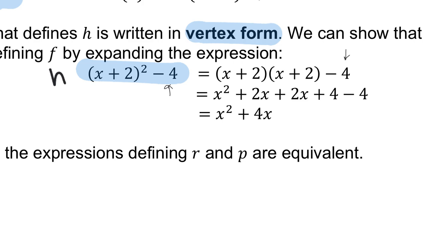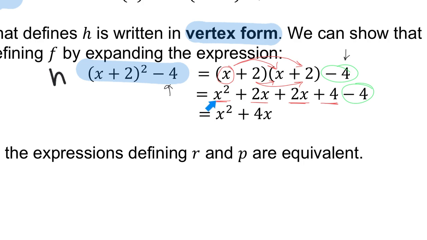Then what we do is take x times x to give us x squared, x times 2 to give us 2x, 2 times x to give us 2x, and 2 times 2 to give us 4. Then we have this minus 4 that we still have at the end there. Afterwards, we can go ahead and combine like terms.